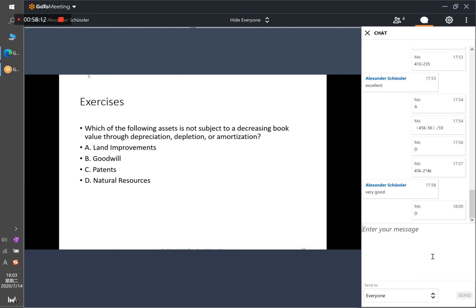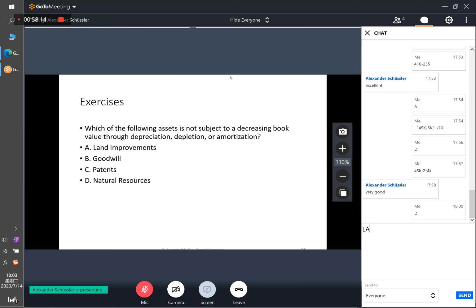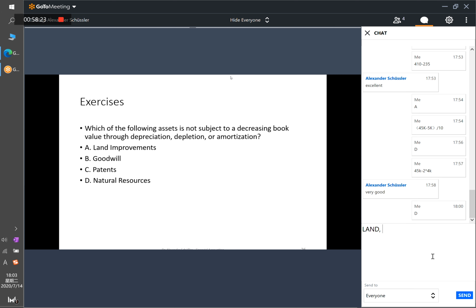What do you think? What is not subject to a decreasing book value? Where does the book value not decrease? Where does it not go down? Which of those is not depreciated?